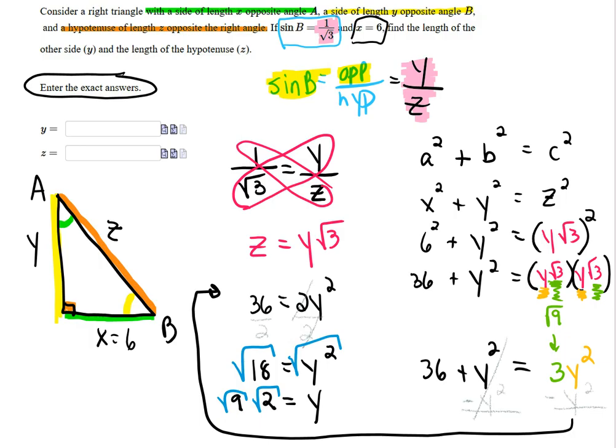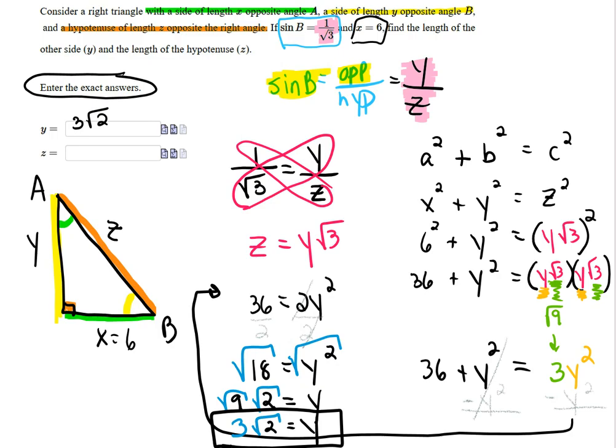The square root of 9 is 3. I cannot take the square root of 2, so I just leave that. That's my answer for y: y is going to be 3 times the square root of 2.